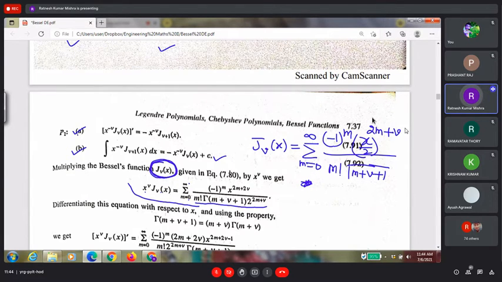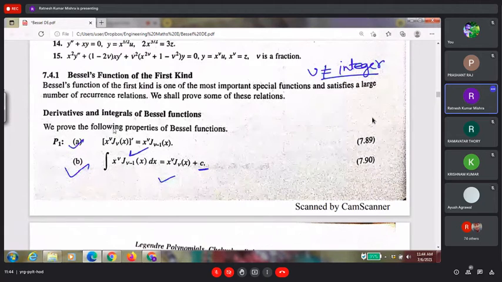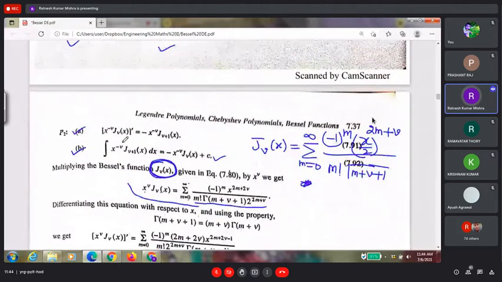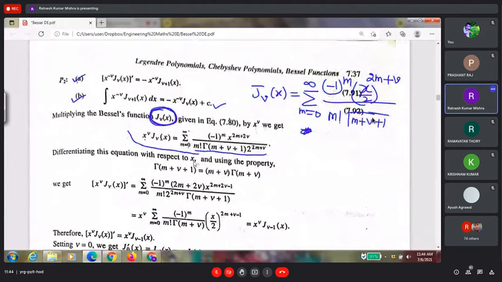So how to prove the first one? For the first one, we have the formula of Jv. Now in this one, multiply by x to the power v, and after multiplying, differentiate with respect to x.